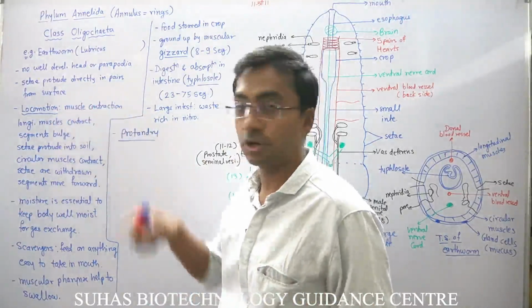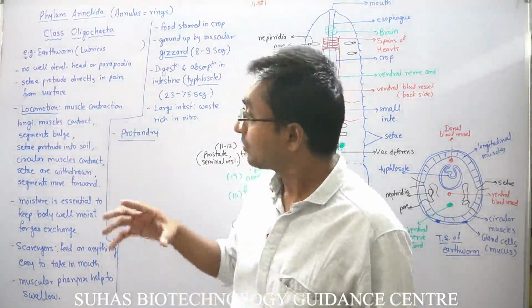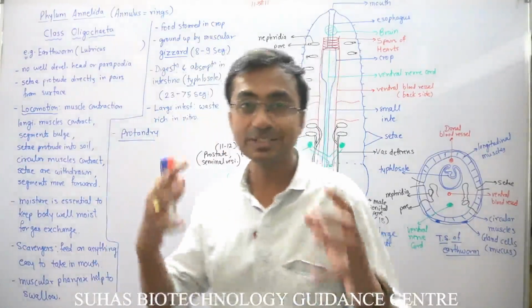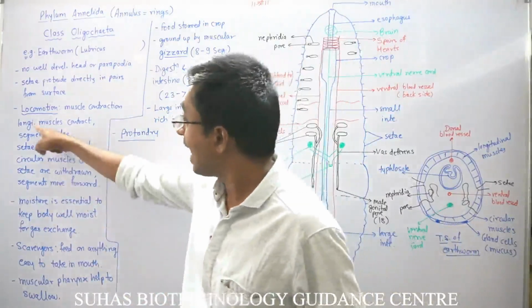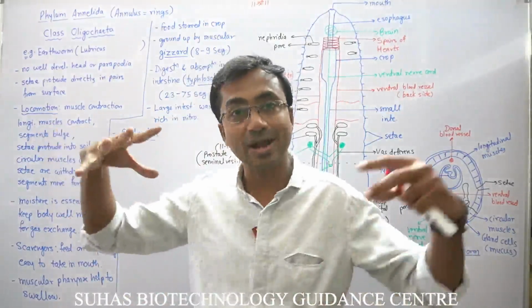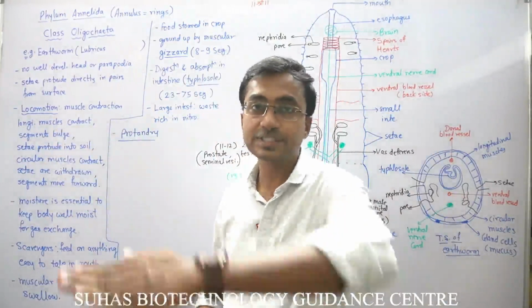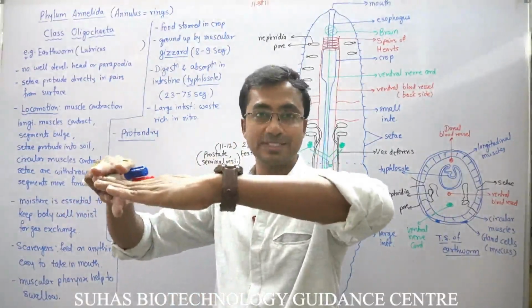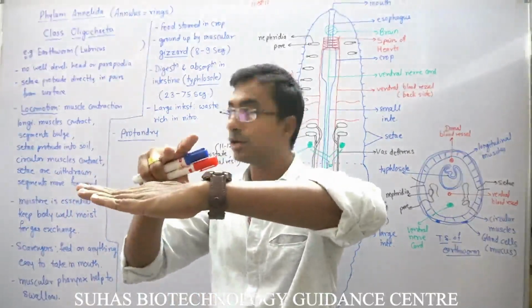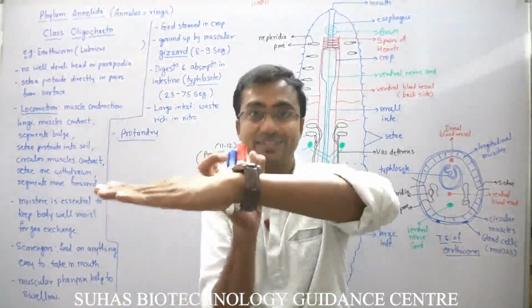Locomotion is through muscular contraction. In its locomotion, a few important things are there. They have longitudinal muscles which contract first. So suppose this is an earthworm, they have longitudinal muscles throughout their body, and these contract first.